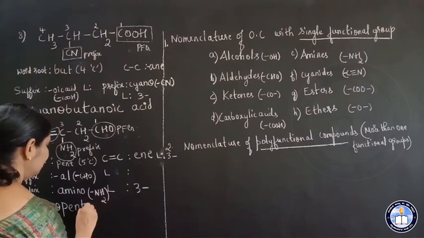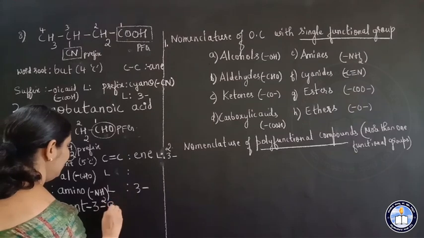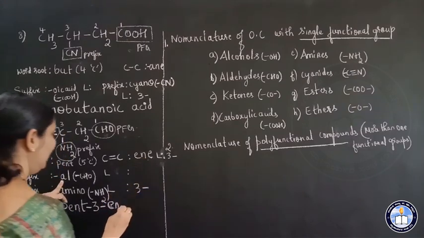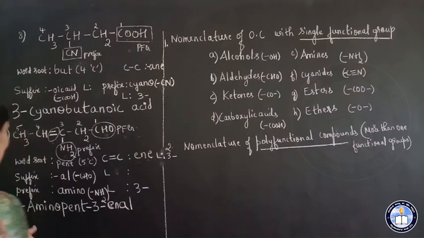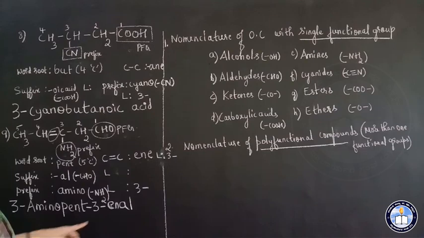So pent-3-EN, ending E is removed and AL is written. 3-aminopent-3-enal. Enal. How do you spell it? Enal.